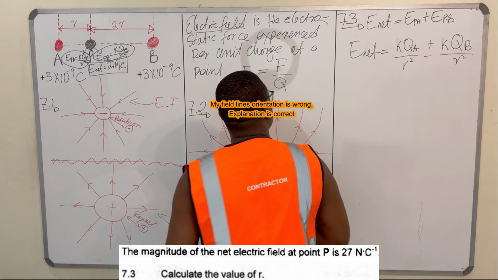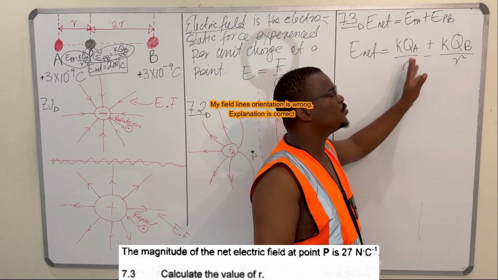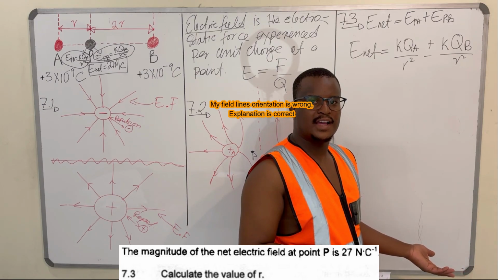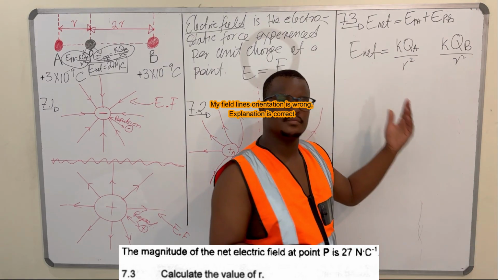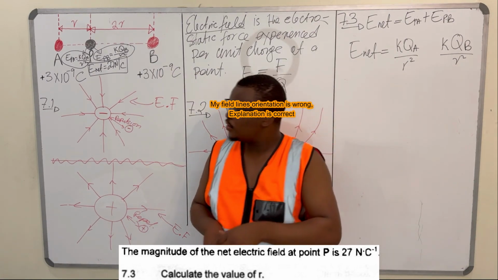So what we're left to do is to decide the sign between the two, or assign the signs to these two terms. It's easier that way. So let's go to this one.